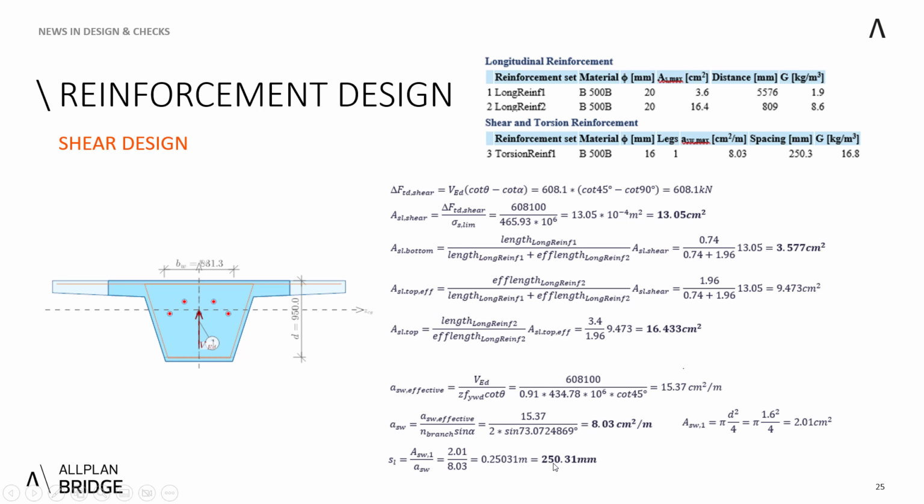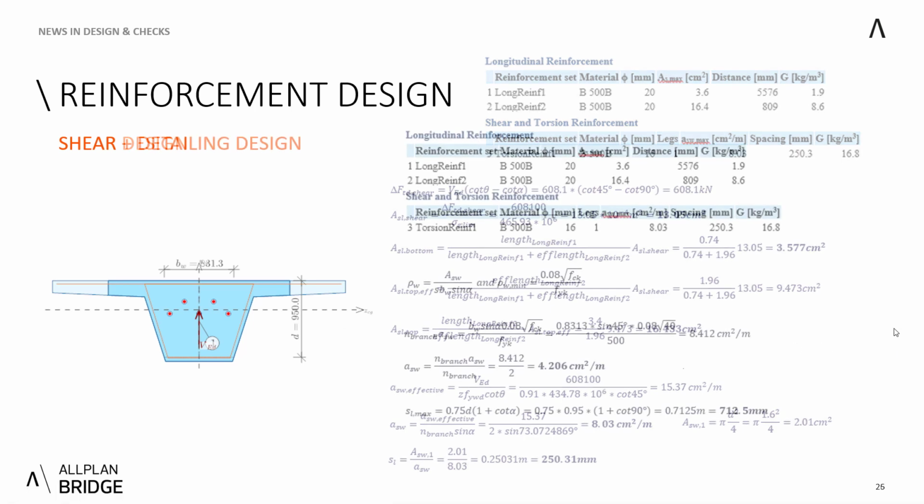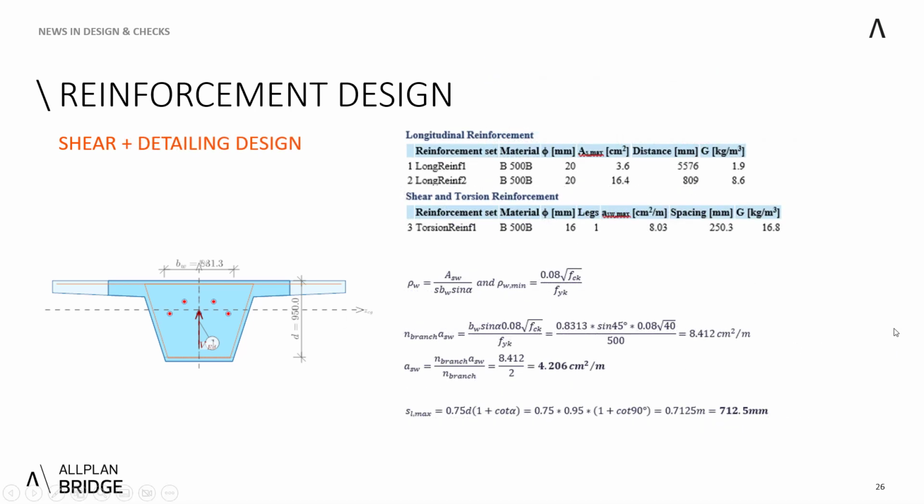We get to the spacing that is designed to 250 millimeters, which, as you can see, is also explained here. So this value of ASW is always per one branch. When you do the shear plus detailing, I won't be covering this longitudinal reinforcement again because there are no needs.